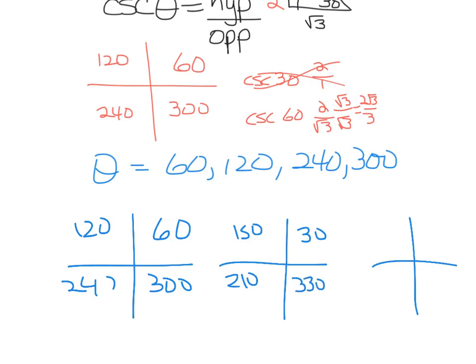Or if it's the 45-45, that's when we'll add the 45s. So 45, 135, 225, or 315. These are going to be the 3 scenarios when it's the special right triangles.